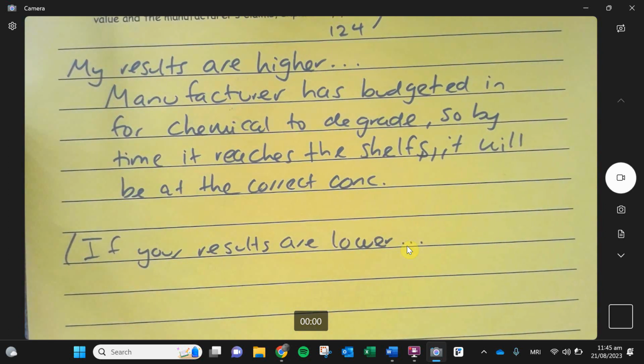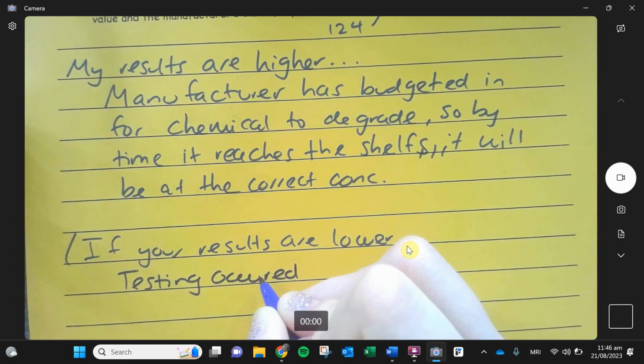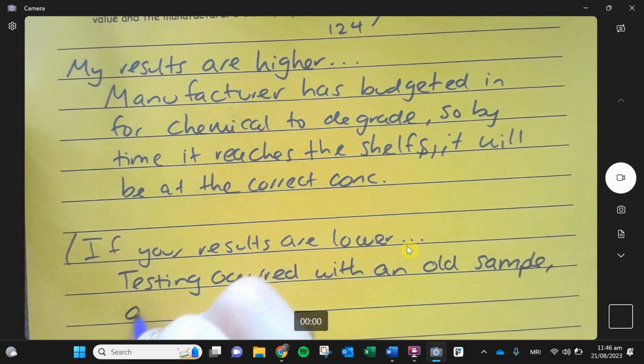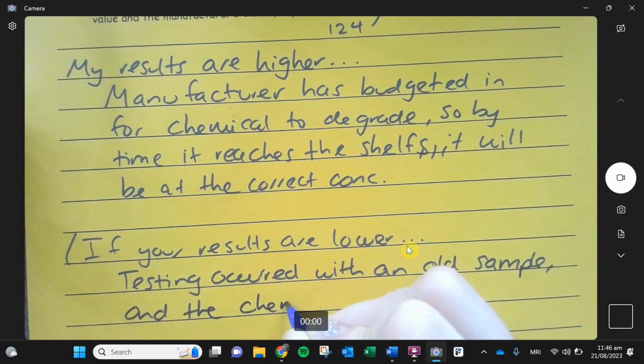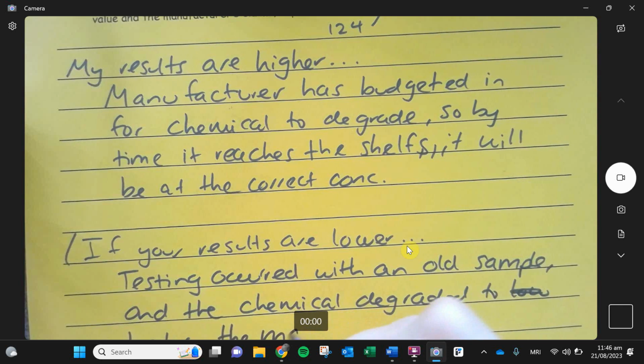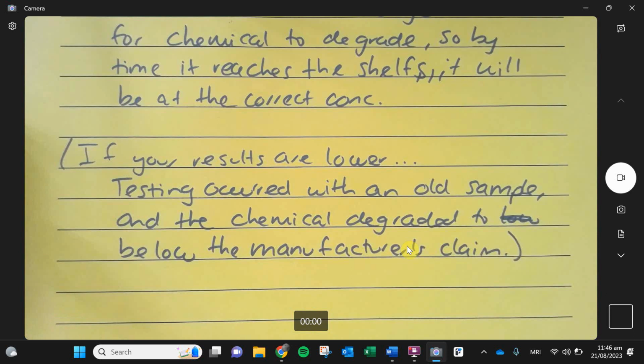Basically what you could be saying is that this is an old stock sample and so it has degraded. Questions, concerns, comments so far with this?